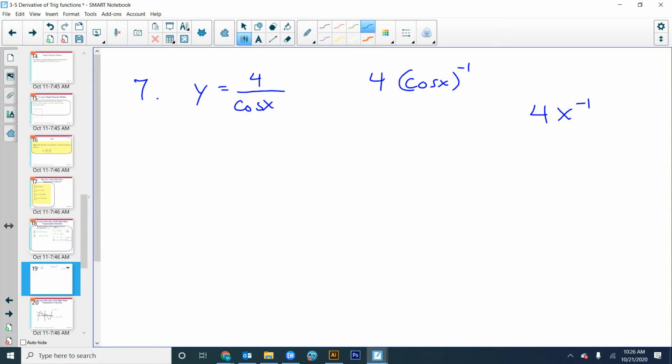Same thing as 4 times 3x minus 2 to the negative 1. That's not a variable raised to the negative 1. That's an expression raised to a power. We don't know what to do with that yet. So you're not wrong. It's just we don't know what to do with it yet. And once we do know what to do with it in section 3.6, some of you may choose to do it that way. That's fine. But we're not quite ready for that yet.